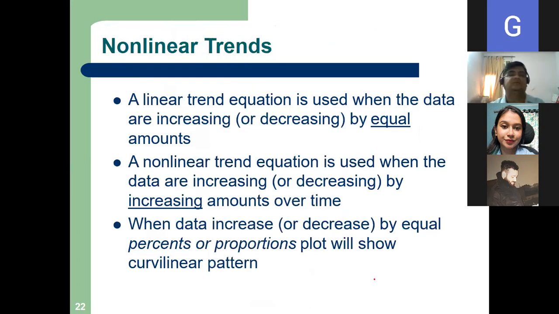Non-linear trends. We already know what a linear trend is. When the equation follows a straight line, we call it a linear trend. When it follows a graph like a parabola, hyperbola, ellipse, or any other curve, we call it non-linear. What is the major difference? A linear trend equation is used when the data are increasing by equal amounts.